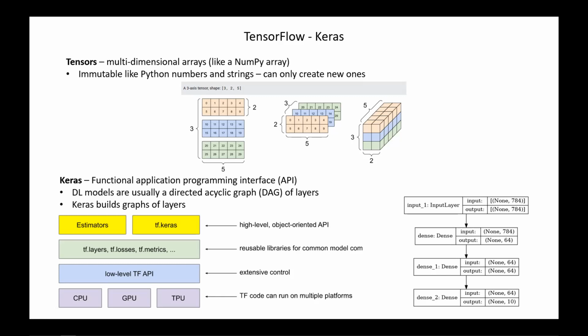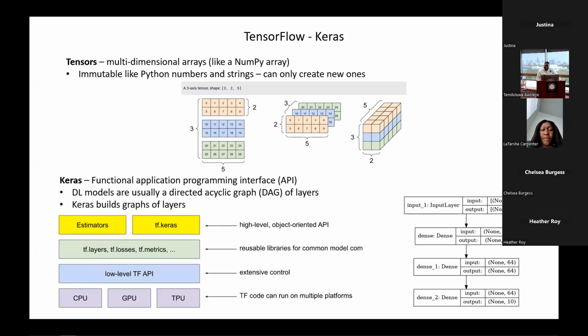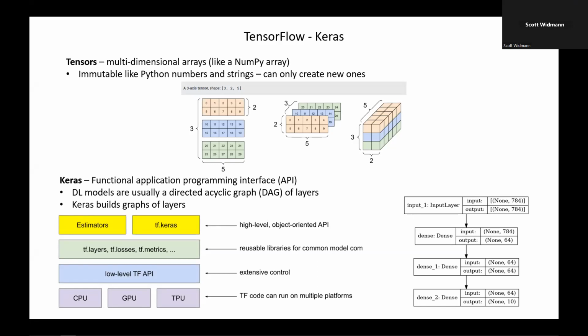Deep learning models are usually directed acyclic graphs of layers. If that doesn't make sense to you, that's okay, because this presentation has a lot of math in it, because I made this for a math class that I was taking at one point. Keras will build these graphs of layers and then run more efficiently on a GPU or TPU.